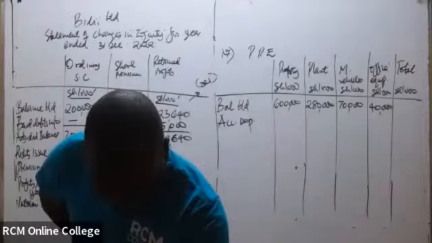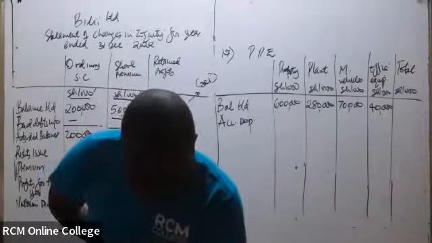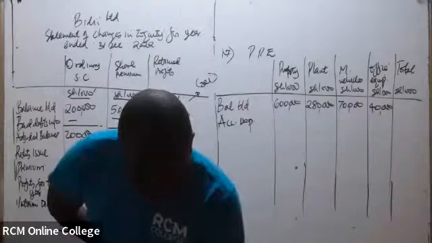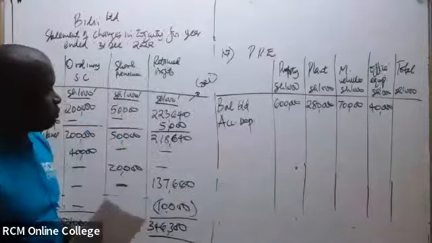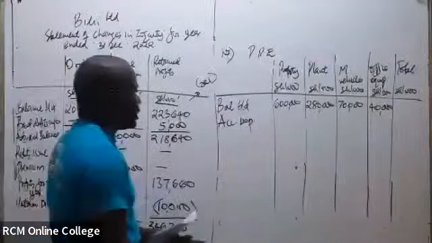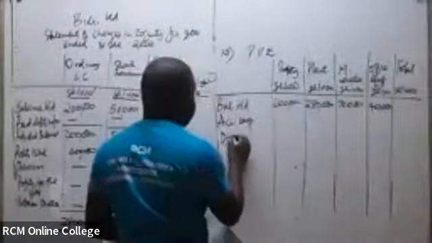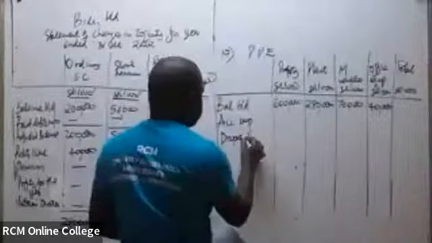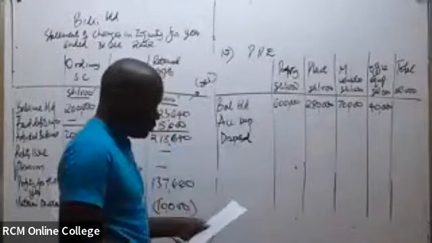So first of all, we deduct the disposal from the accumulated depreciation for these items.